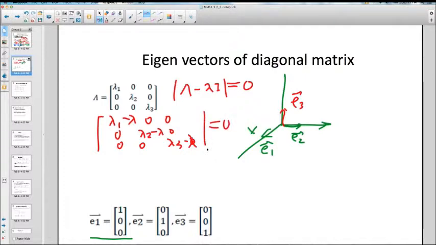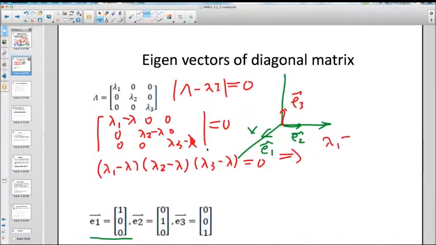So obviously, your result is this product. And just to confirm, we got the 3 eigenvalues.